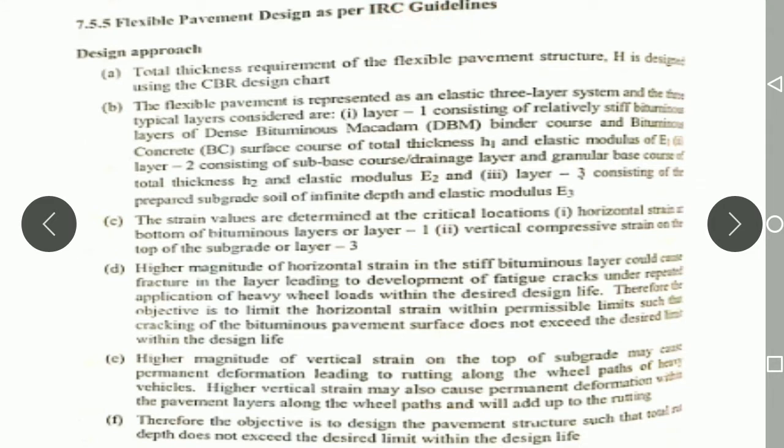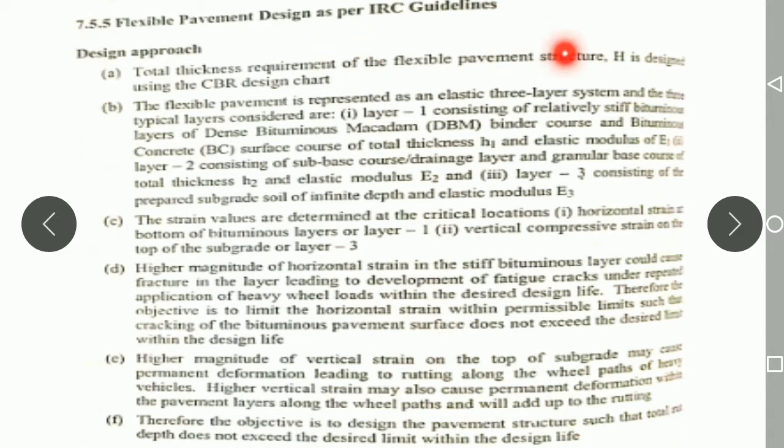First, the total thickness of the flexible pavement is calculated or designed by the CBR charts. The method I am going to explain in this video is the designing of the flexible pavement by the CBR method.